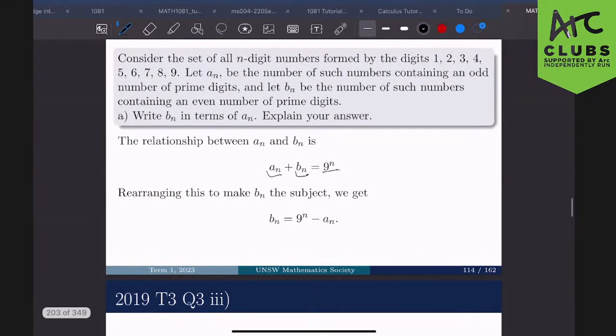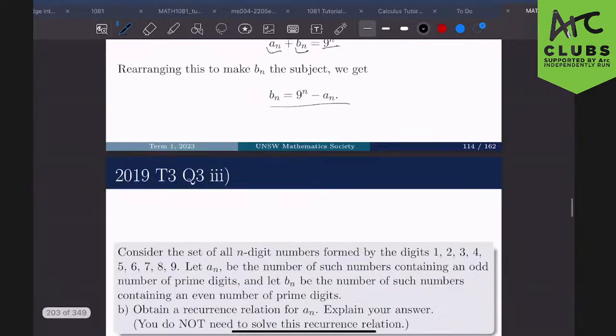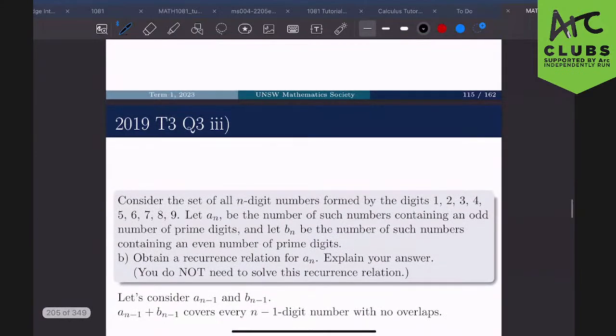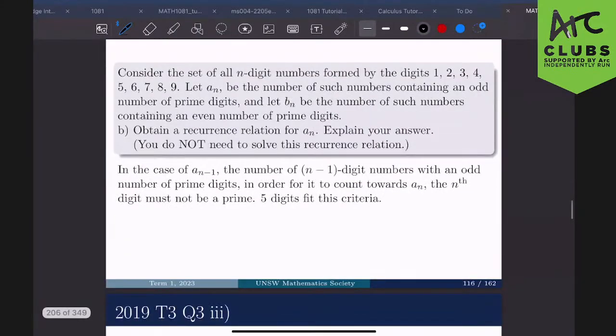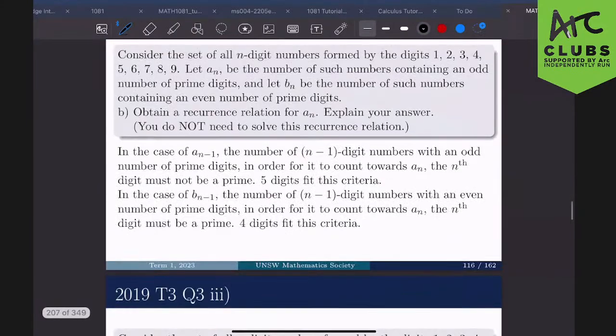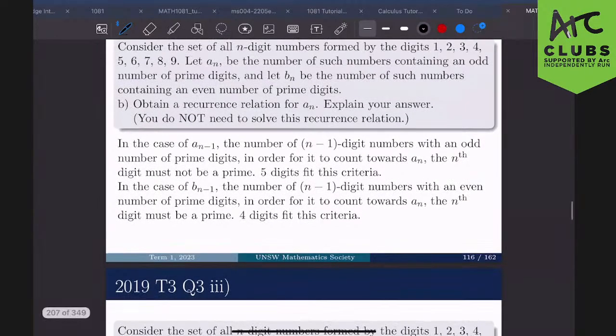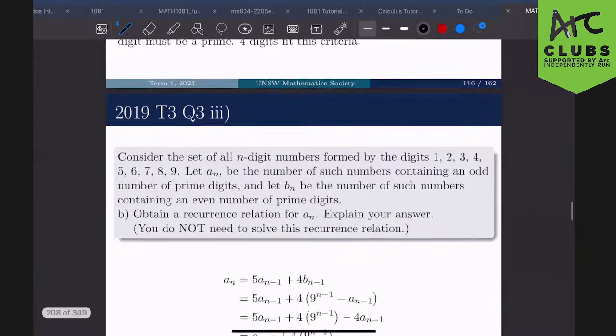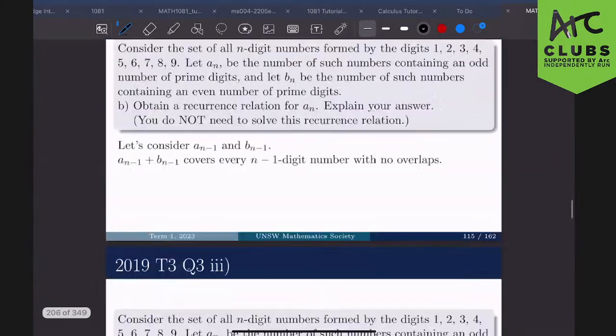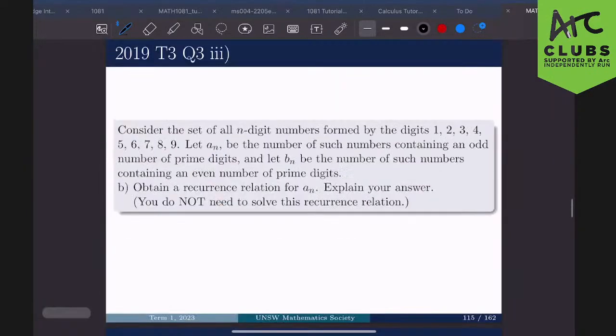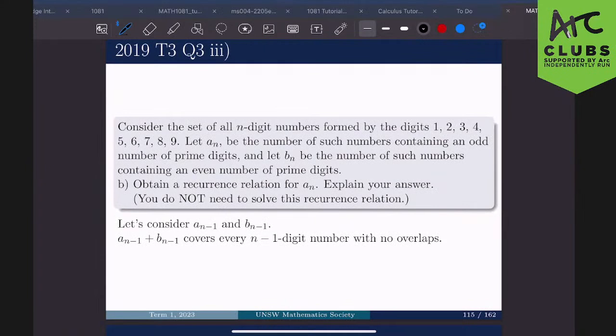So write Bn in terms of A is our question, so this is going to be our answer. Okay, so now we need a recurrence relation, but we don't need to solve the recurrence relation.